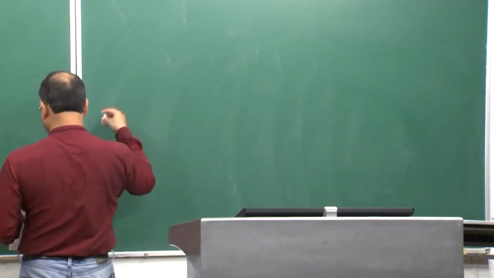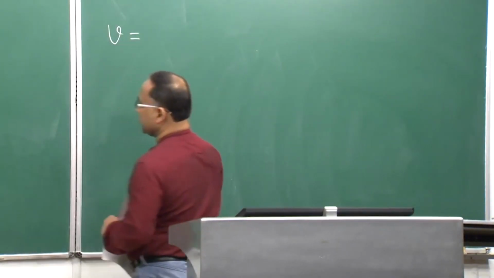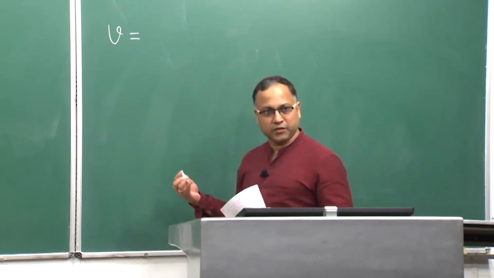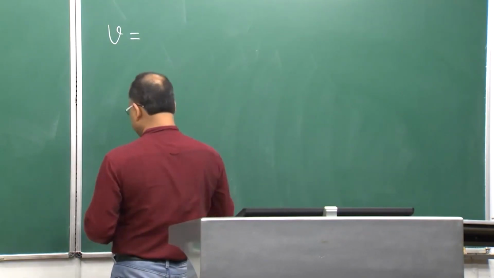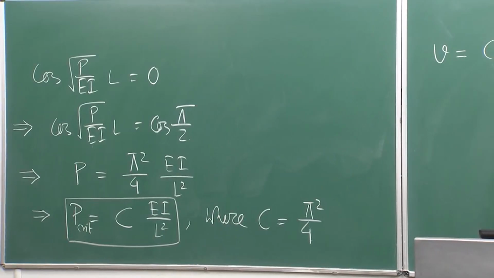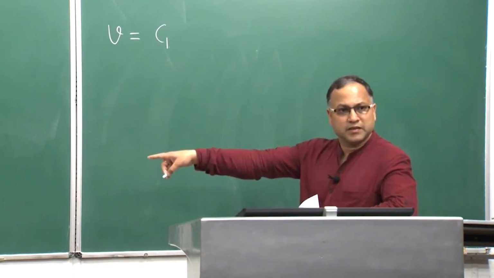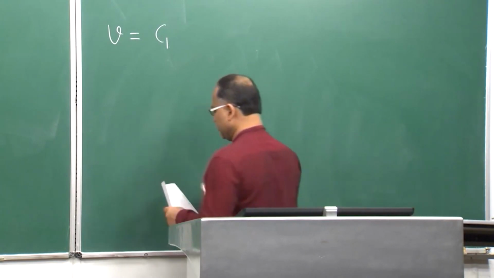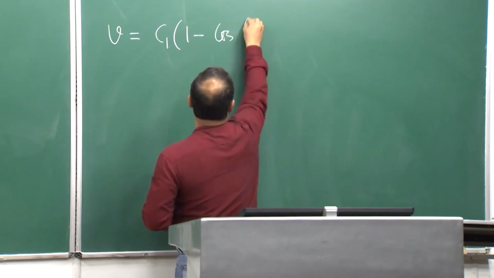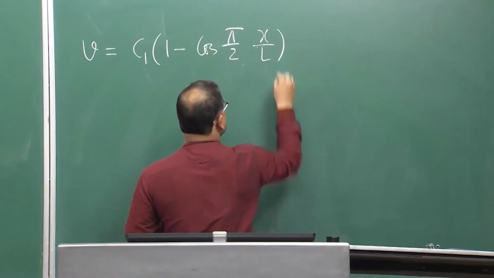At that position, when you are looking at the instability, the lateral deflection V is equal to C1, because C1 is not 0, and only then do we get this solution. So, C1 multiplied by, you can see from the original equation, cos pi by 2 x by L.